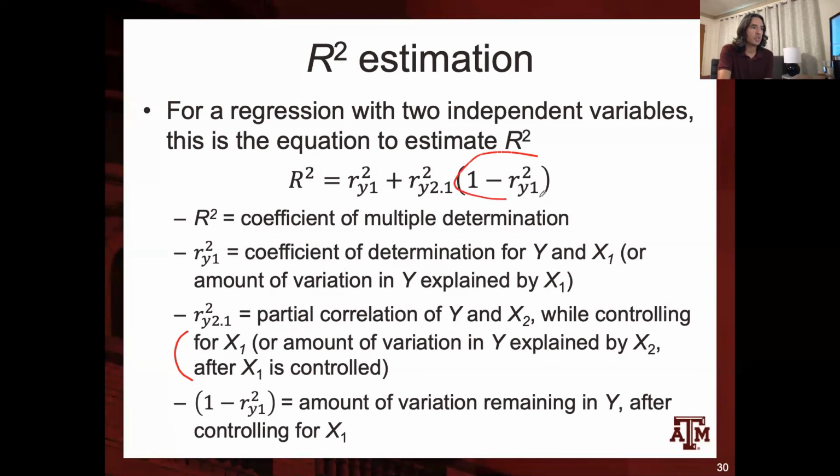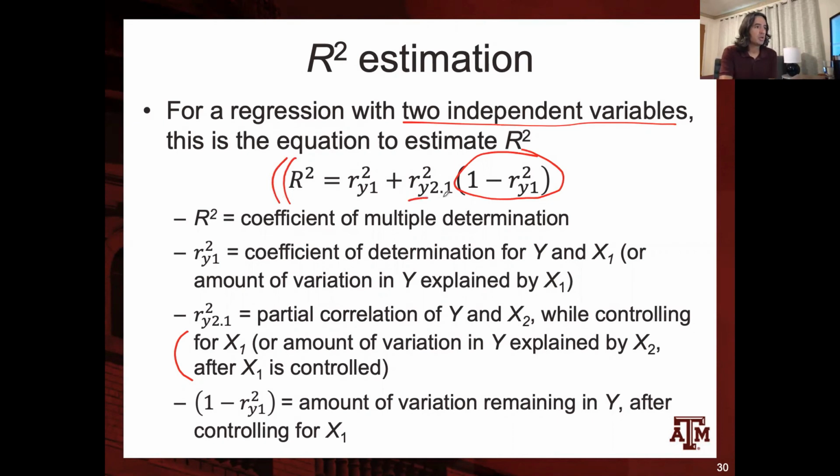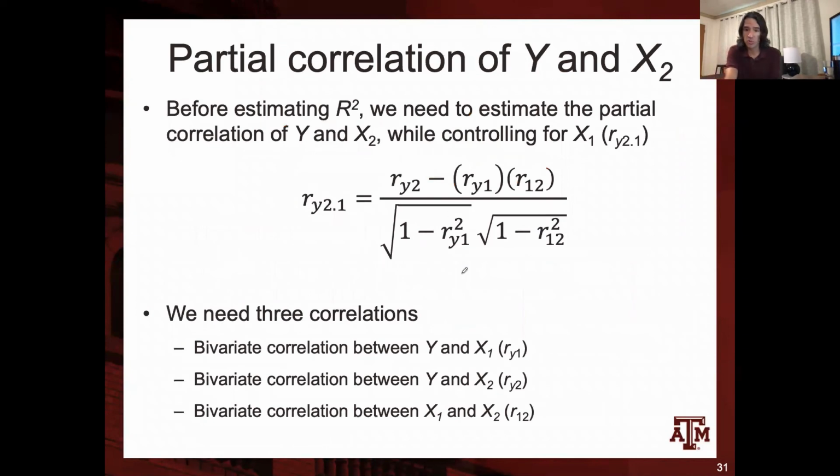And this whole thing is the amount of variation remaining in Y after controlling for X1. Again, in this example I'm using only 2 independent variables. The more independent variables I have, the more complex the R-square formula becomes. And this value, the amount of variation in Y explained by X2 after X1 is controlled, we don't have yet. How do we estimate it? We estimate it using this formula here. I will go a little faster here, not going into details because of the time.